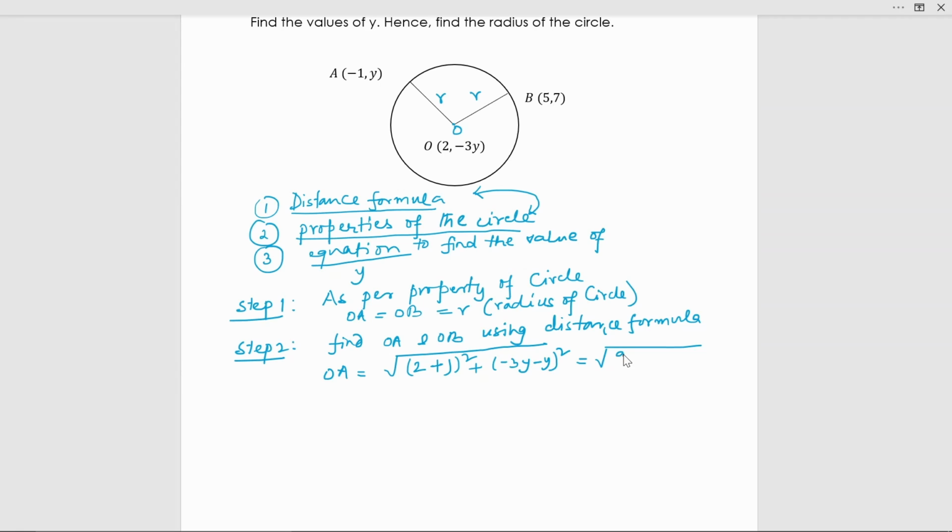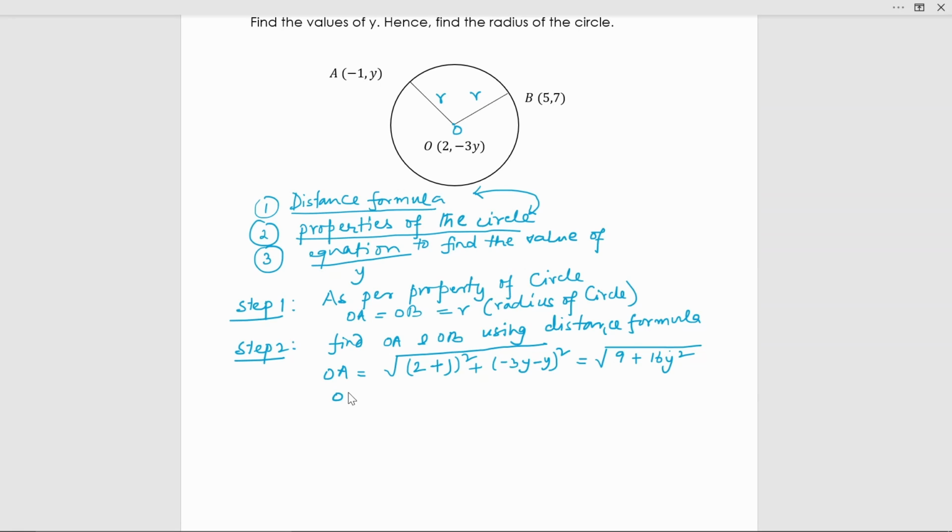So I'm just writing, and minus 3y minus y is minus 4y. So minus 4y square will give me 16y square.